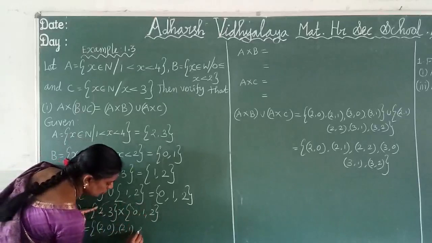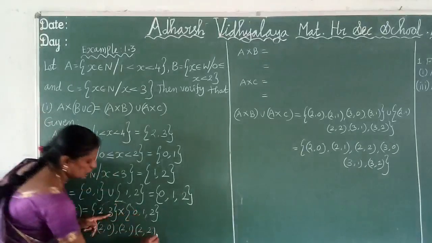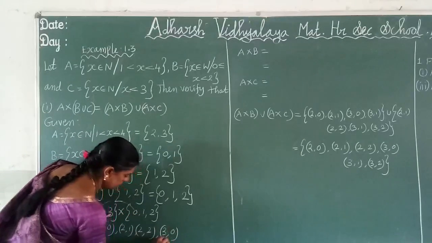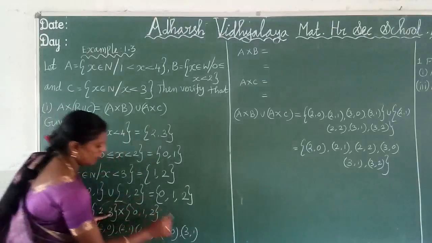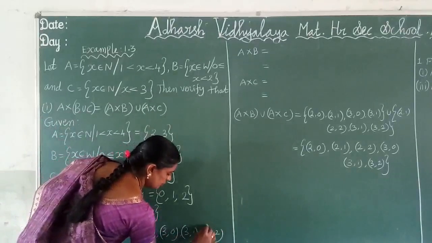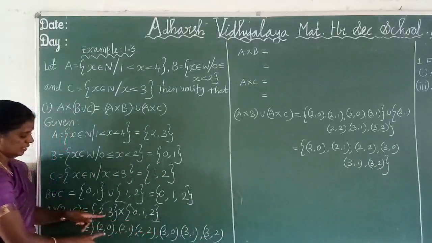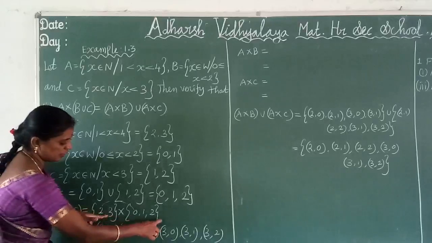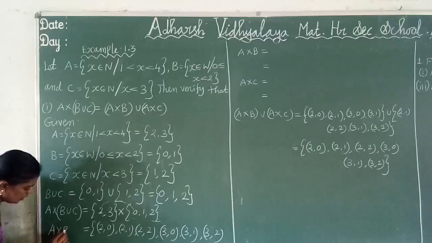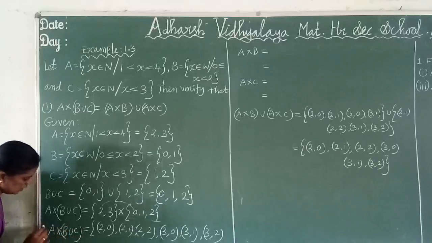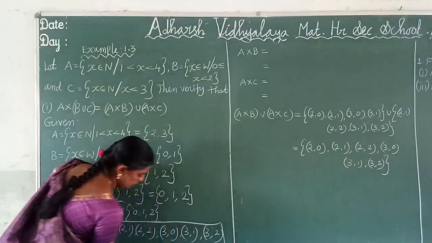Next 2, 2. Next second element 3, 0, and 3, 1. Next 3, 2. So first you take the first element and write all the 3, and here 3, you write all the 3 elements. That is A cross B union C. So this one is equation number 1.